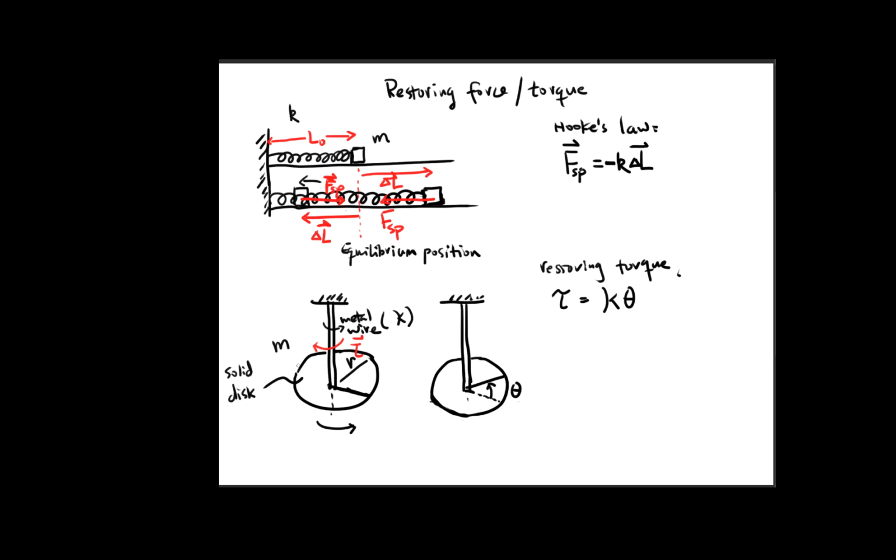So the torque should point in the opposite direction to the angle theta. That's why we also have a negative sign here to represent the relation between these two vectors' directions. All right, so that's the concept about restoring force and restoring torque.